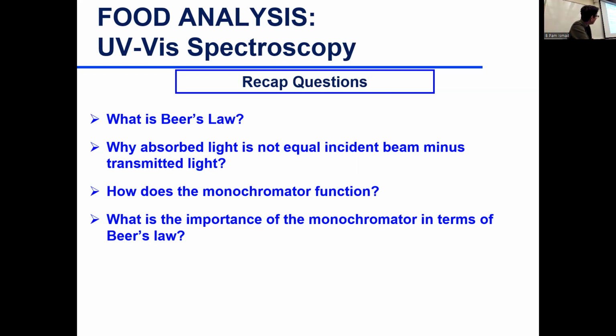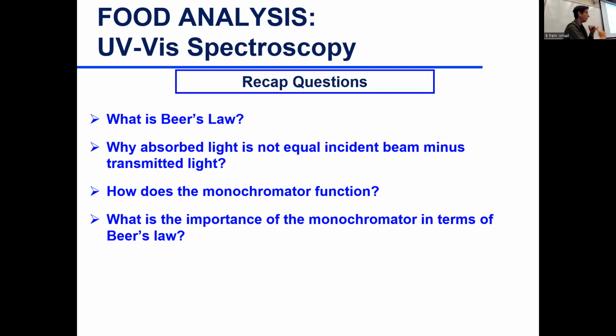Why is absorbed light not equal to the incident beam minus the transmitted light? You have the incident beam that hits the sample or the cuvette, and then you have the transmitted beam or the exiting light. Why is this minus that not equal to the absorbed light? Because some of the light can have been diffracted or scattered. Absolutely.